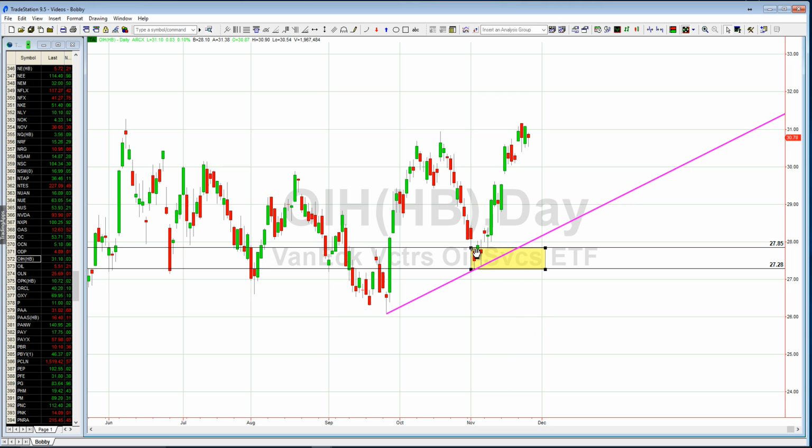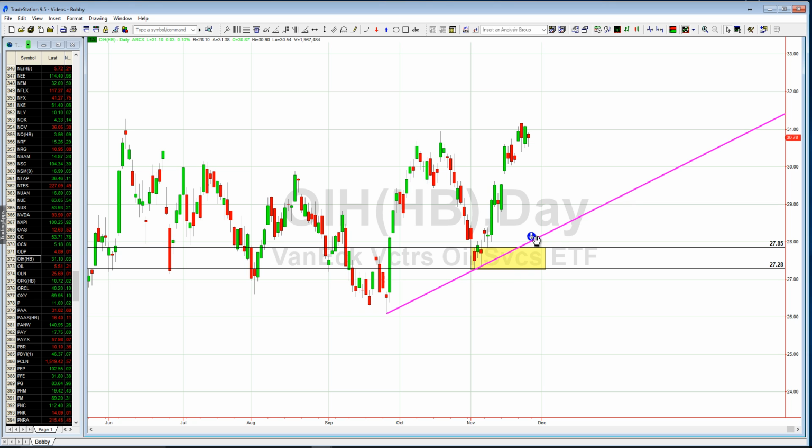Just leave it there. So we've got demand here. So if price breaks through this trend line right here, we're not going to take that trade. We've got a demand zone right below it.